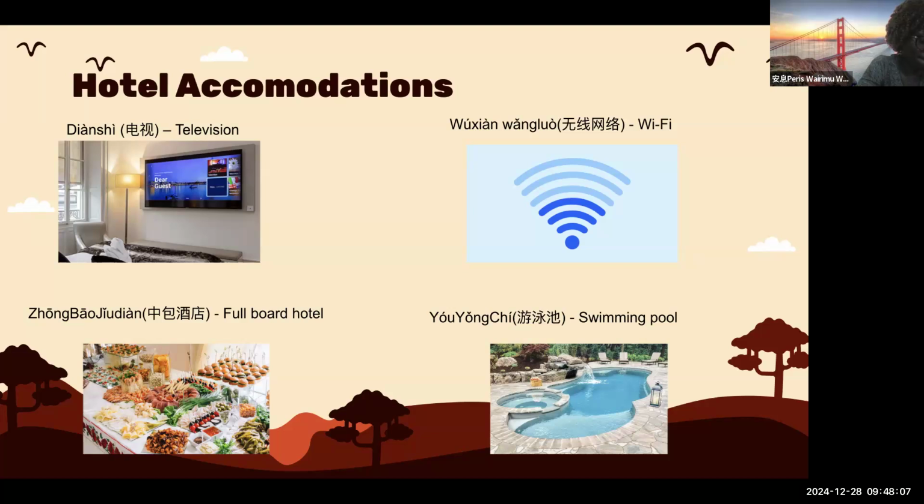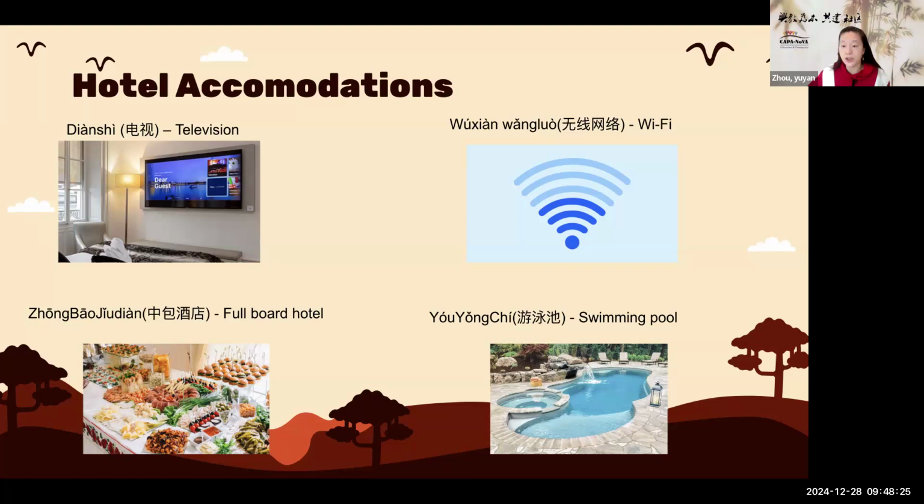So that would be 中包酒店. We got this from the teaching material that was shared by Duncan.